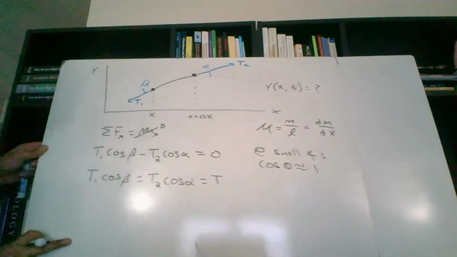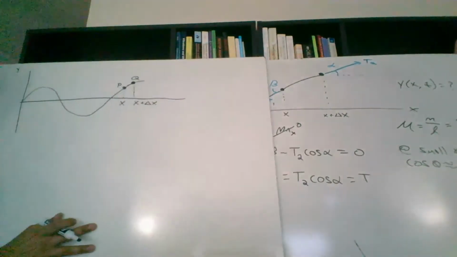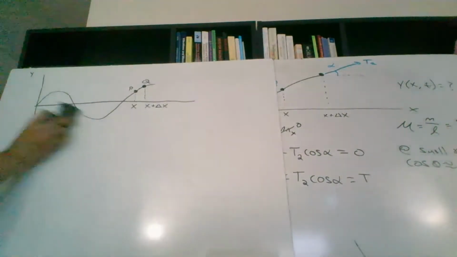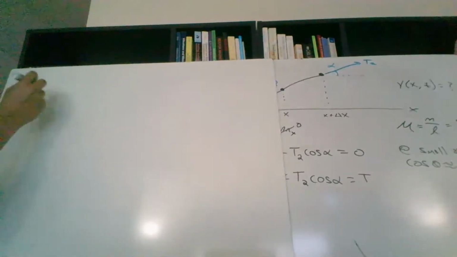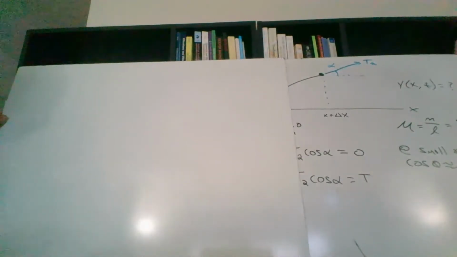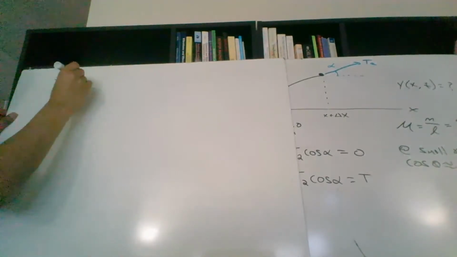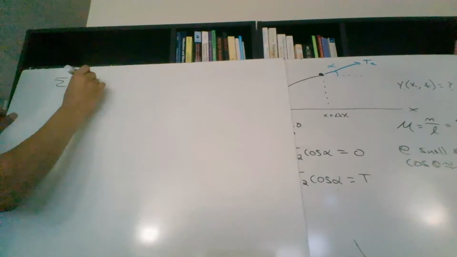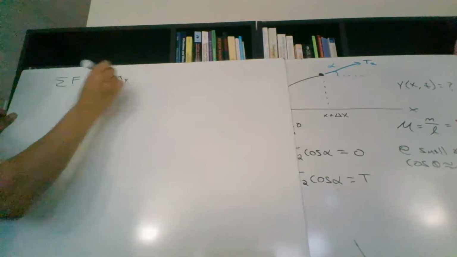Now, how about in the y direction? I got to erase this. We do the same thing. The sum of forces in the y direction equals delta m times a in the y direction.